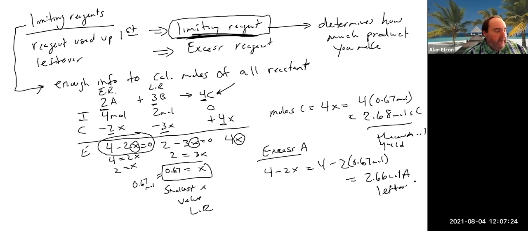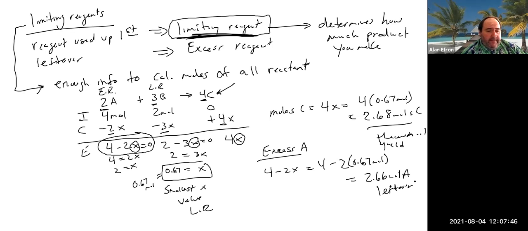So this is a very convenient way of figuring out how much you would produce. It's a convenient way of figuring out how much of your excess reagent would be left over. Clearly, if I knew the molar mass of all these things, I then could figure out how many grams were left over. Any question on the ice table approach to limiting reagents?